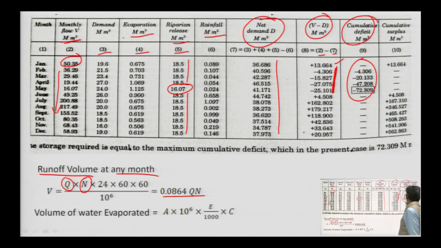For the rest of the data it is positive, so it is cumulative surplus. This will be the reservoir capacity.